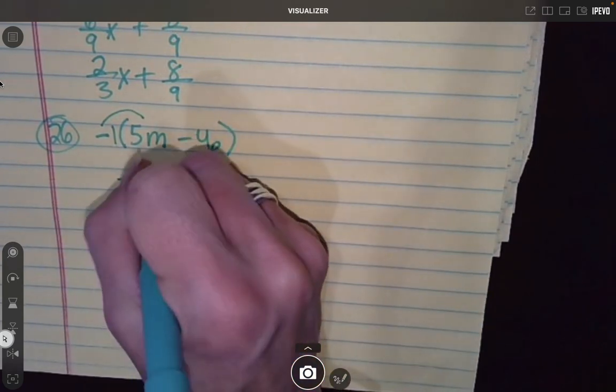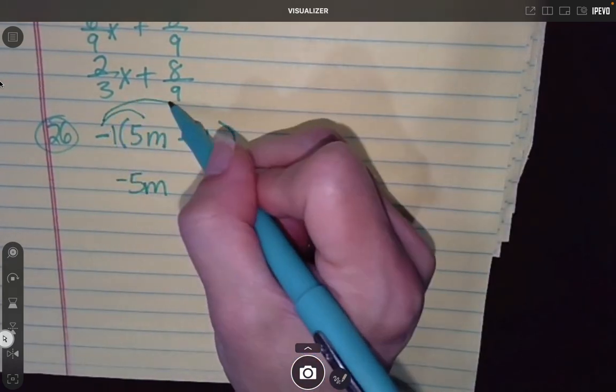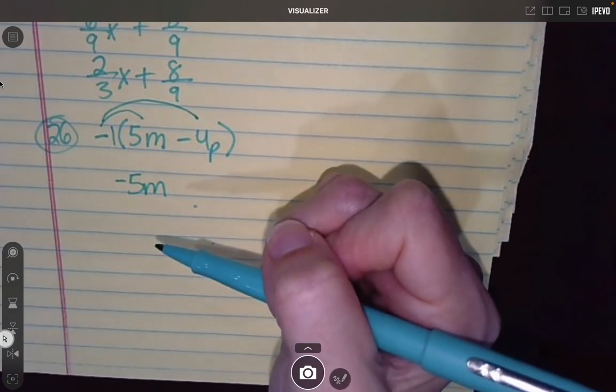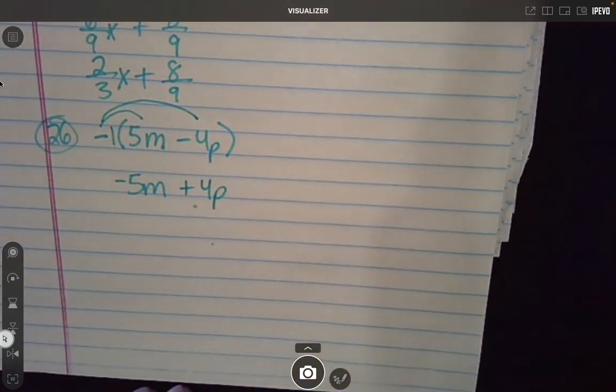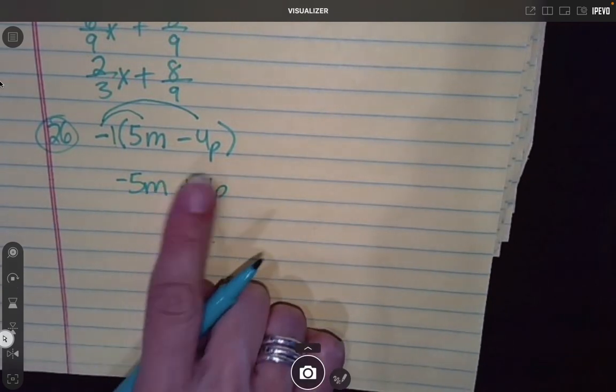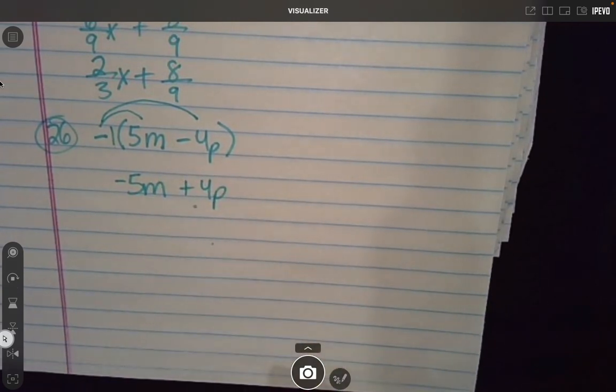Negative 5m, and then negative 1 times negative 4p. Positive 4p. So you'll notice how it just changed everything inside to the opposite. What answer is that? B. There is one just like that, okay? So there was one just like 24, 25, and 26.